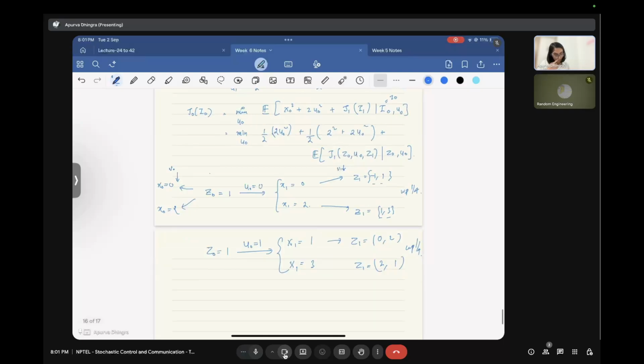So z1 when I1 is 1, 0 and z1 is, let's say, minus 1.